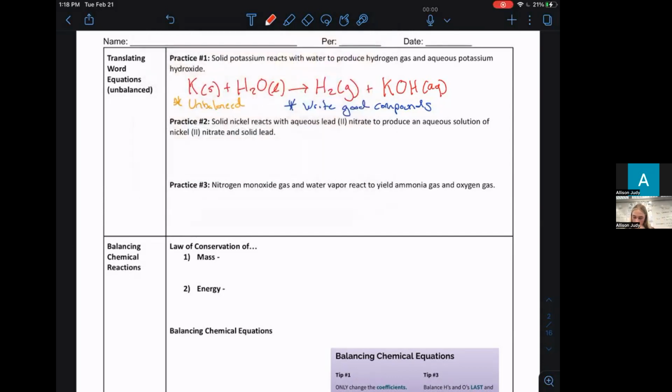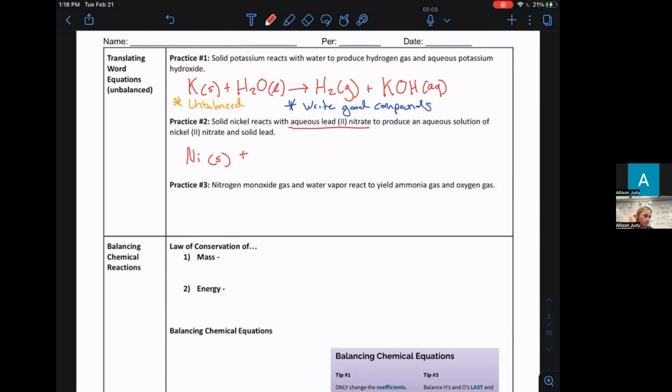Okay, the second one says solid nickel reacts with aqueous lead-2 nitrate. This is another important time to think about writing good compounds. So lead is a transition metal, which means it can be multivalent or take on different charges. In this case, they tell us it's lead-2, which means it wants a 2+ charge.